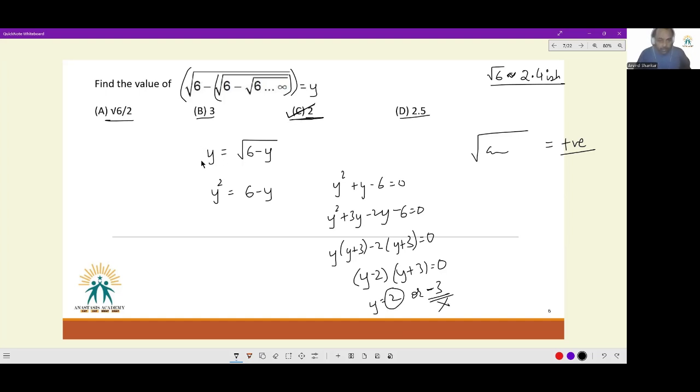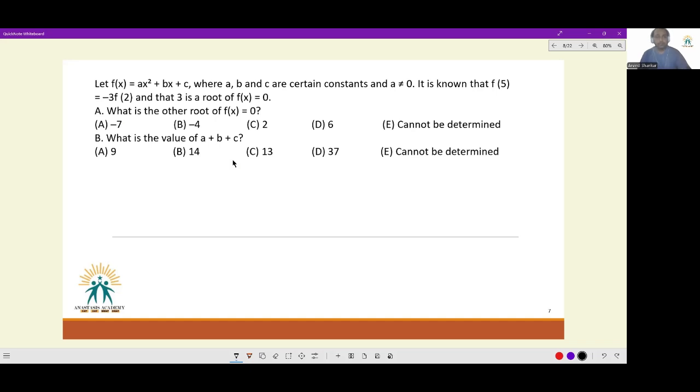But as soon as we arrive at our initial expression, our first go-to move should be, let me plug in a value and check if I can arrive at the final answer. Next, let f(x) be equal to a standard quadratic expression, where a, b, c are certain constants and a is not equal to 0. It is known that f(5) is equal to minus 3 times of f(2), and 3 is a root of f(x) equal to 0.